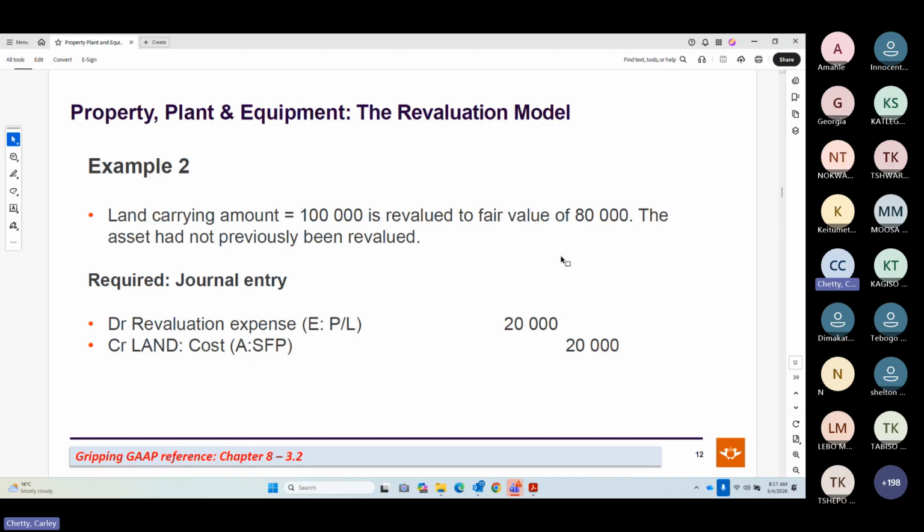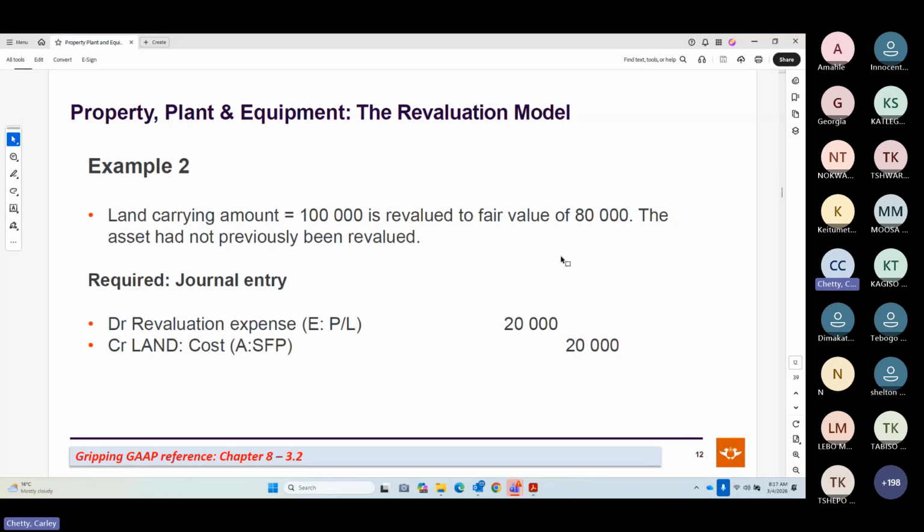So if this asset had not previously been revalued, it means there's nothing sitting in the revaluation surplus account. Because there's nothing in the revaluation surplus account, we cannot debit the revaluation surplus account in this scenario.